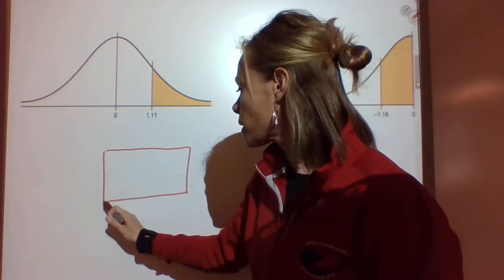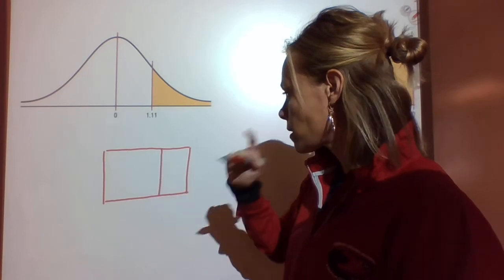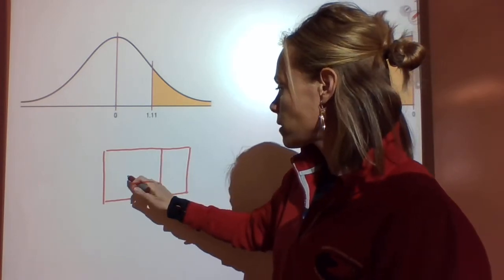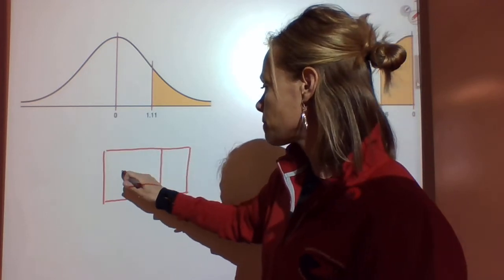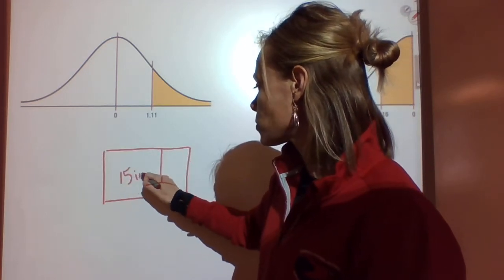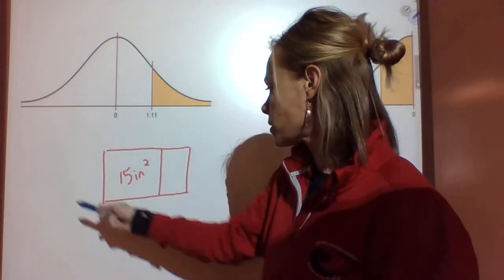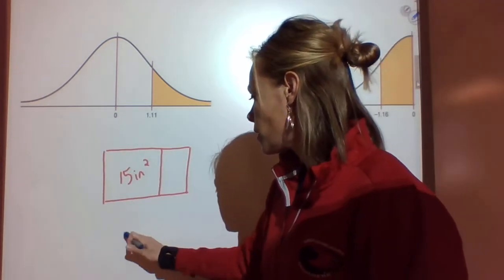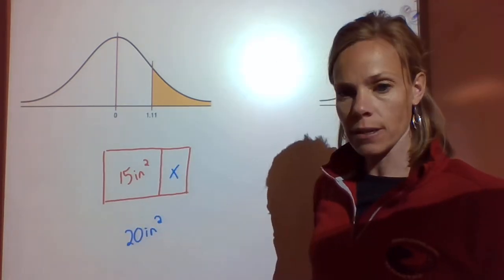If I gave you a rectangle, right, and I told you that this area of the rectangle is 15 inches squared, and the whole rectangle, the whole thing, is 20 inches squared, what's that area?